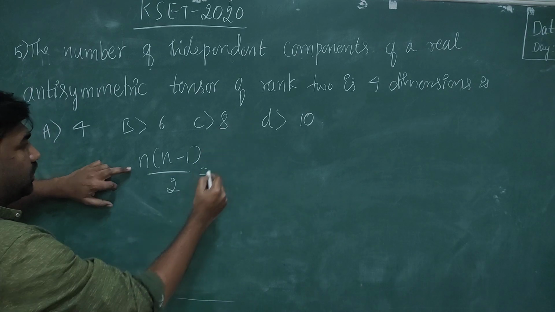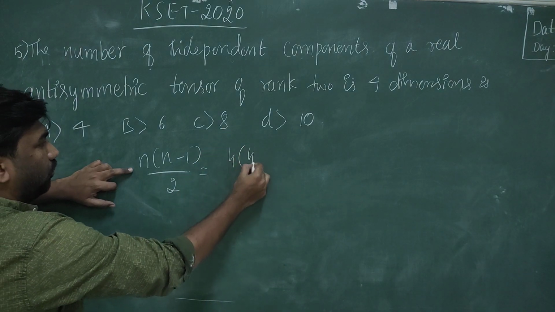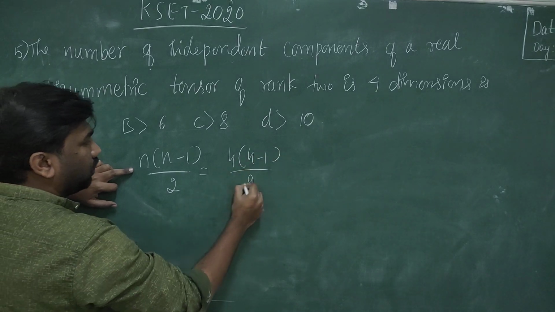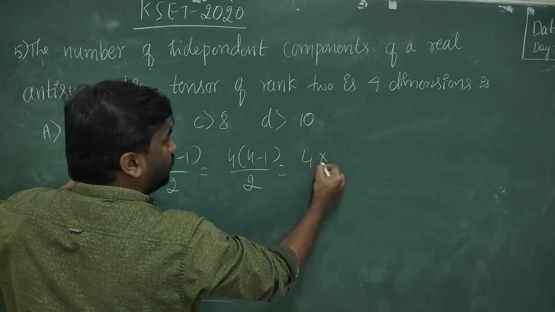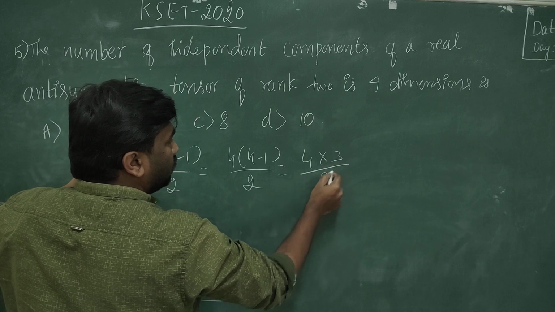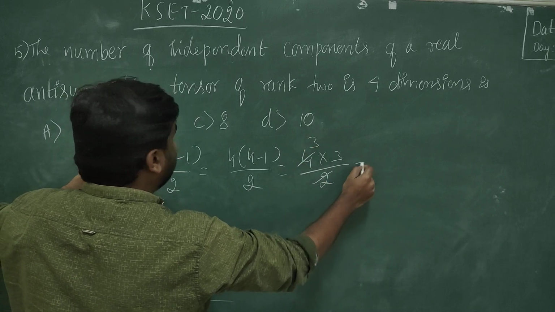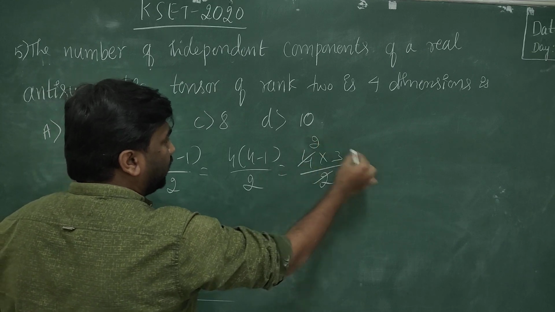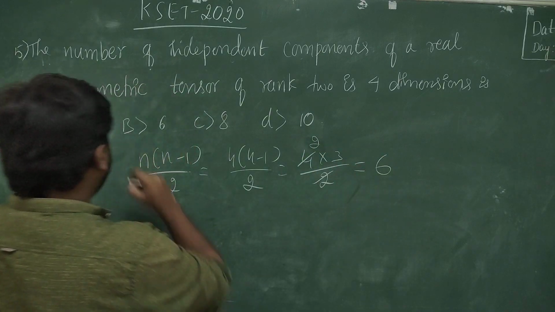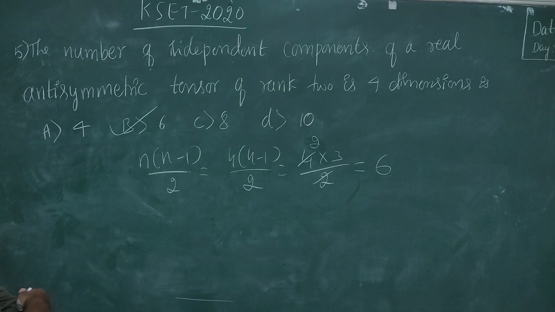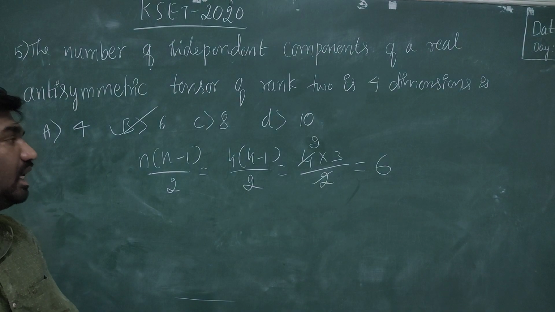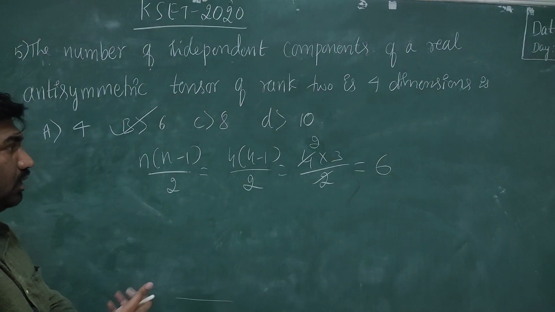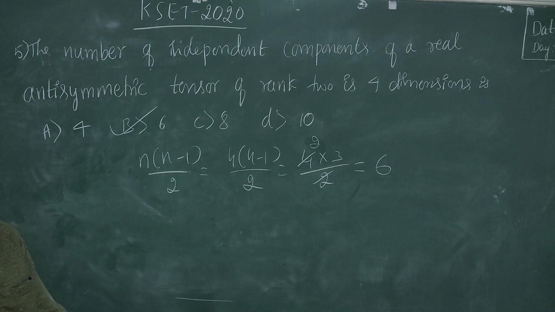It's a 4 dimension, so 4 into (4 minus 1) by 2, so 4 into 3 by 2, which is 6. So there are 6 independent components of a real antisymmetric tensor. Okay, it's very easy.